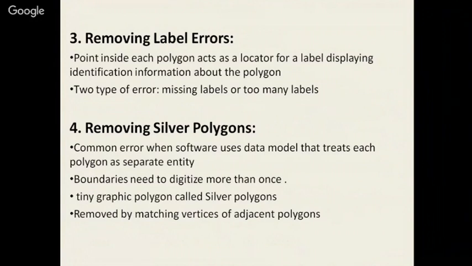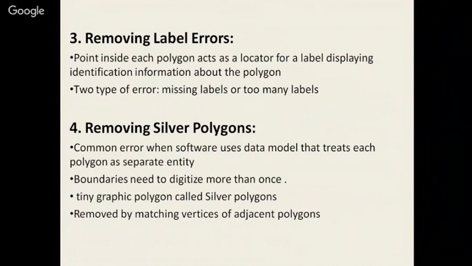So remove sliver polygons. As we talked about what sliver polygons are, when we do double digitization, there tend to remain triangular or rectangular gaps in between. These are actually tiny graphical polygons which have to be removed by matching vertices of adjacent polygons.